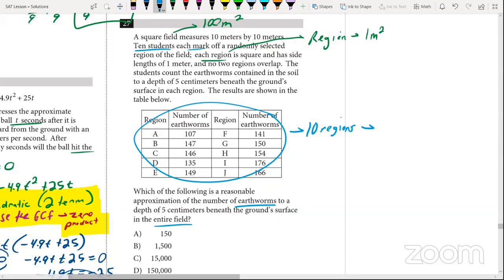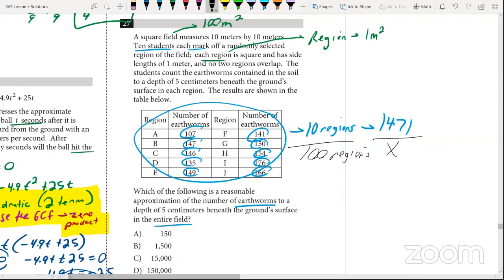So we're adding up all those numbers, just pop them in the calculator, and they added up to 1,471. So if 10 regions is 1,471, then 100 regions is going to be how many?